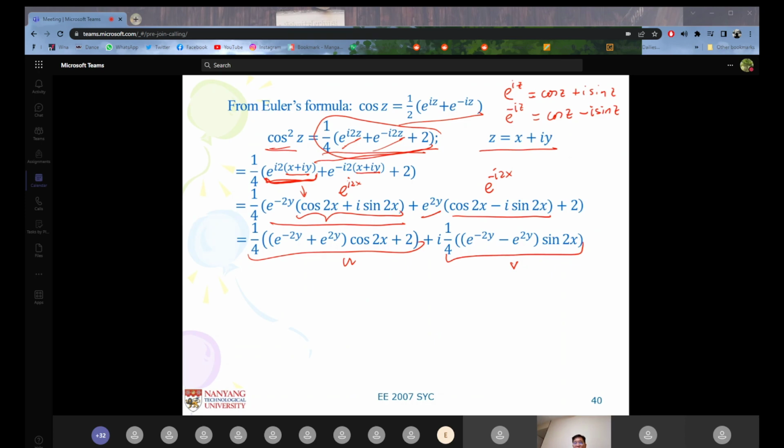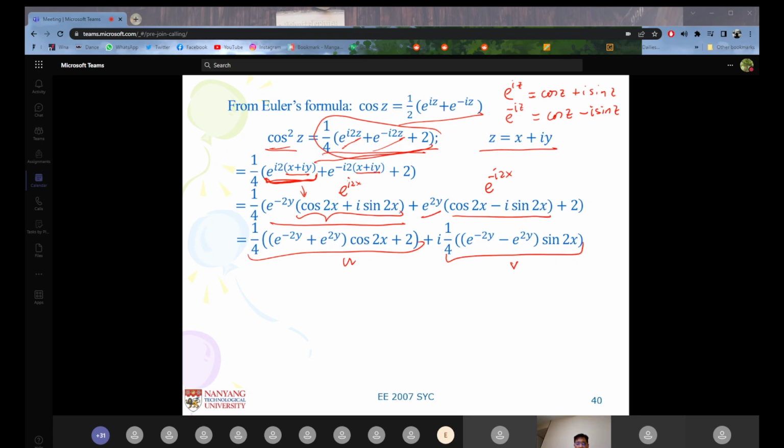So in this case, this function must be differentiable everywhere. If it's differentiable everywhere, it must also be analytic everywhere. Why? Because for every point that is differentiable, a small neighborhood of that point is also differentiable, for every point in the complex plane. So once it's differentiable everywhere, it must be analytic everywhere.